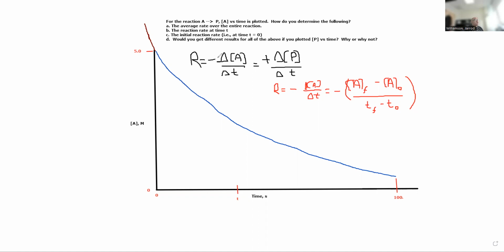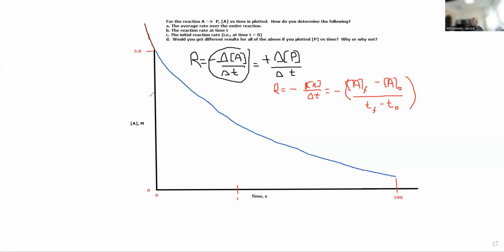And this minus sign takes care of the fact that A is decreasing in concentration. So the stuff inside the parentheses will be negative. So this minus sign gets rid of that negative. So you're going to end up with whatever number you get here.